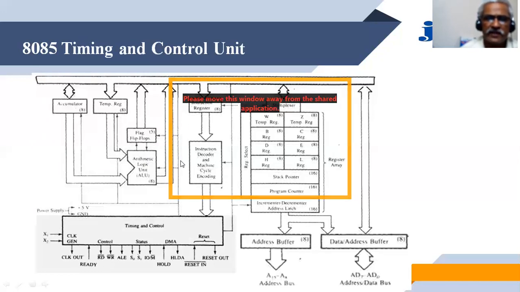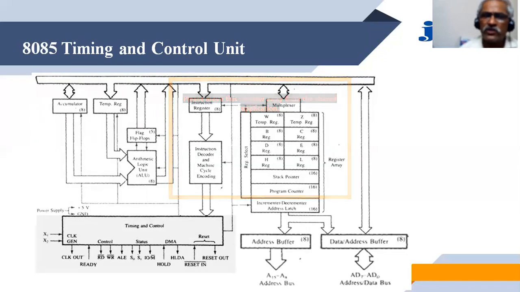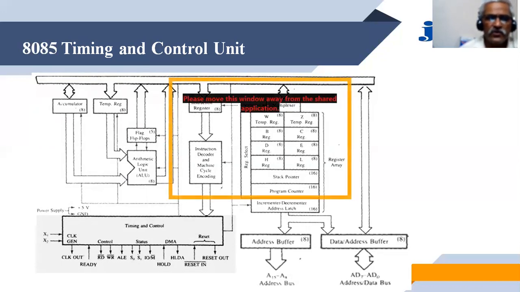Let us suppose that the instruction register, upon decoding, finds that it is a subtraction operation. We know the 8085 performs subtraction using 2's complement addition. So the ALU is set for an addition operation.